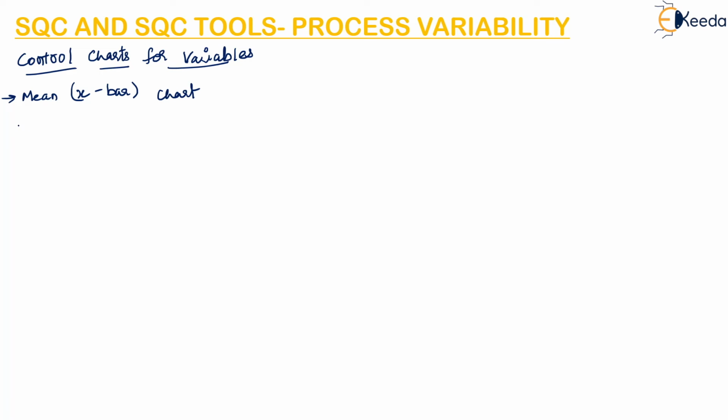Control charts for variables. The mean X bar chart or the mean chart is the control chart for variables. That is the X bar chart.